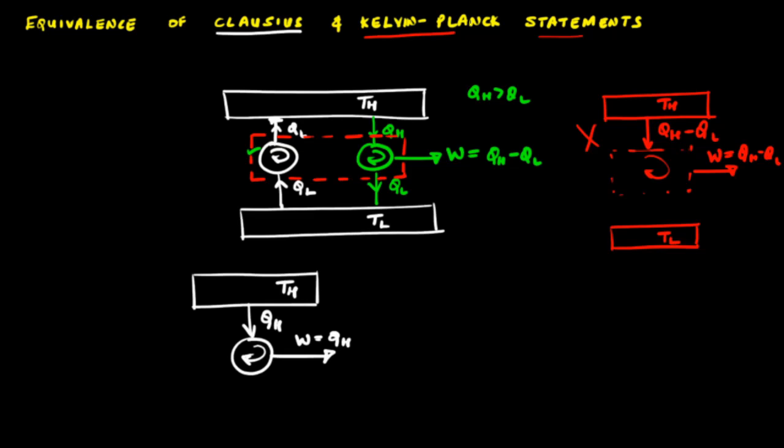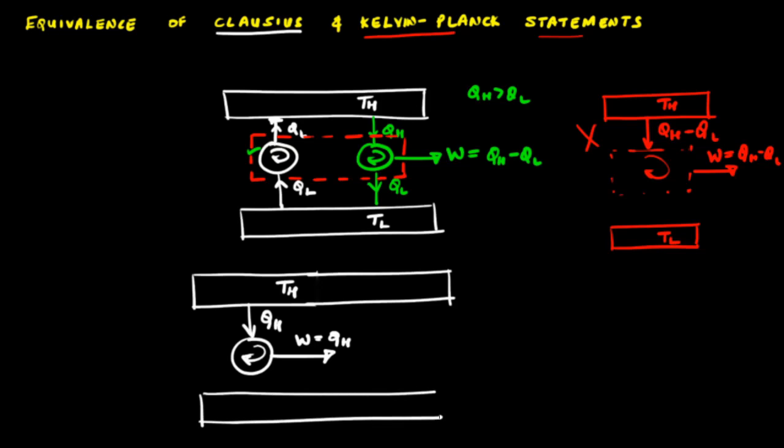Now what we do is we can have a refrigerator that operates between this high temperature and low temperature reservoir, and the work that is delivered by this engine, which is otherwise not allowed by the Kelvin-Planck statement, is fed into this refrigerator that operates in a cycle.